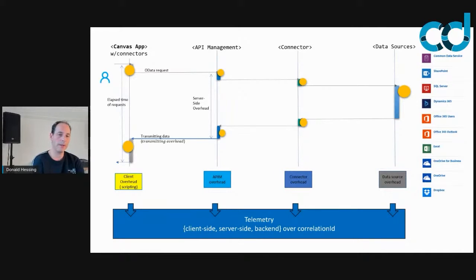So keep that in mind when using the connector, specifically if you have performance challenges. If you're using an API gateway, there's an additional layer, and that quite often is a cause of performance problems because of the health of the API gateway. So keep track of where the time sits if you face any of those challenges, and understand whether it's a limitation of your custom connector, of your connector, or your backend data source.